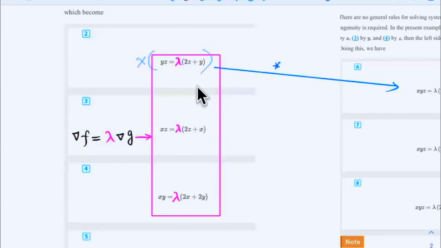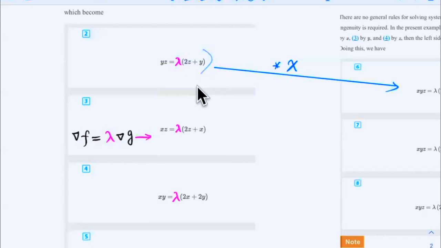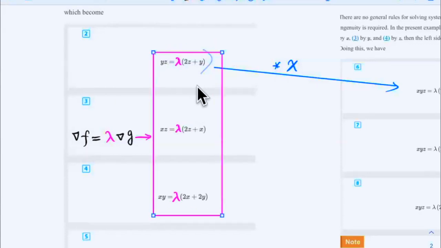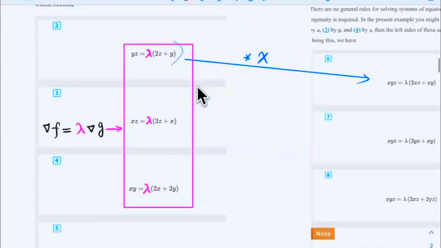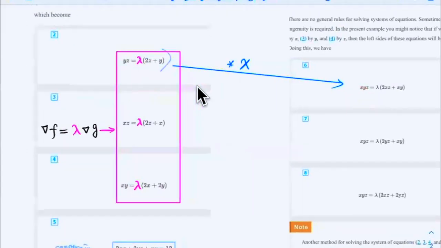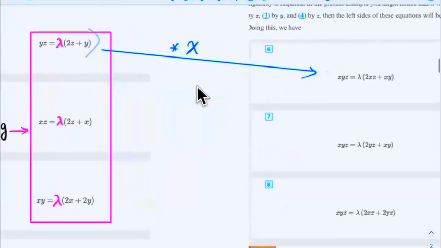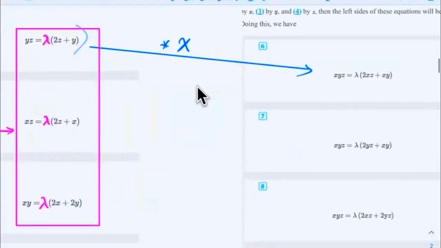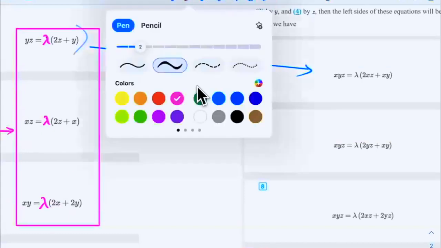If I multiply that by x, then I'm going to get xyz on this side. And then what about the second equation? I can multiply this equation on both sides by y, right?